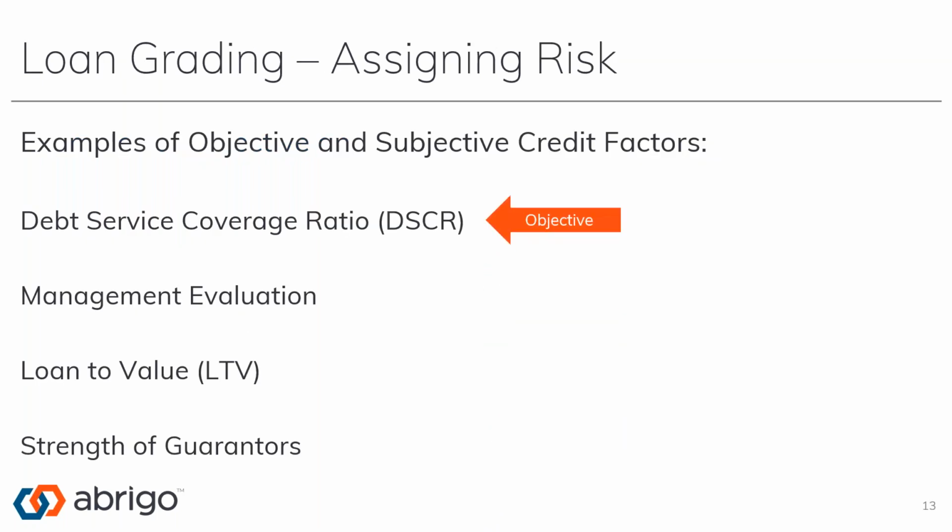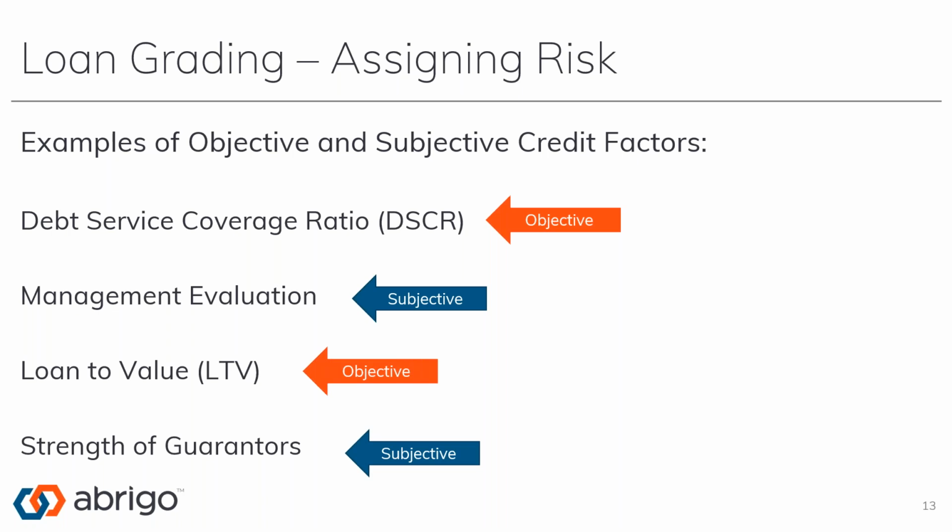And here are some examples of objective or subjective credit factors to give you a flavor of what I'm talking about. Debt service coverage ratio is an objective measurement, right? Do they have enough incoming revenue to cover the debt they're obligated to pay in the next year?